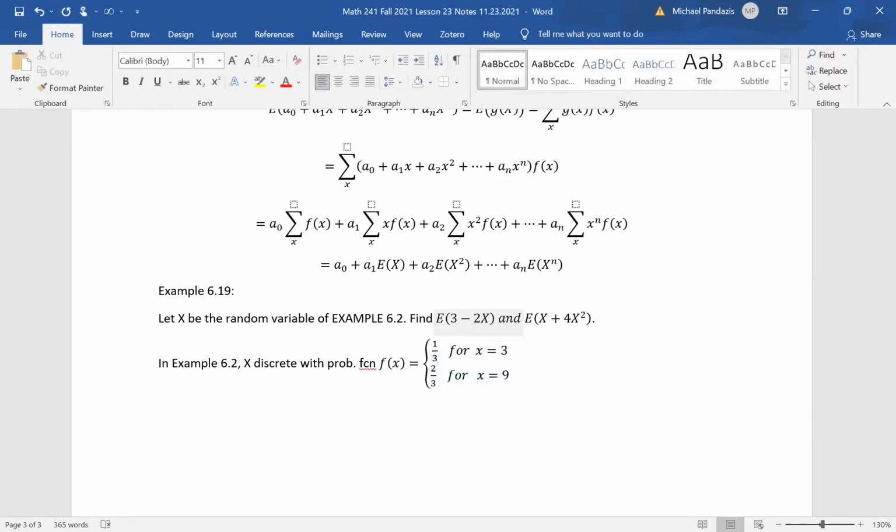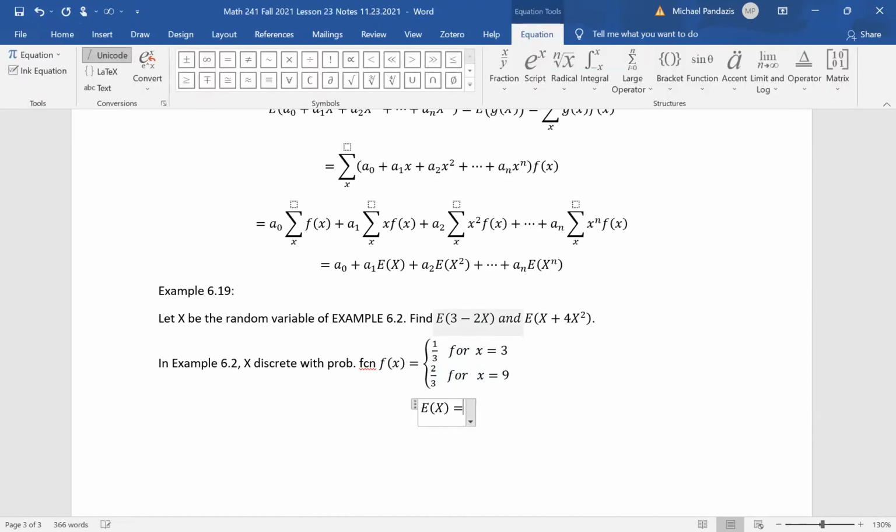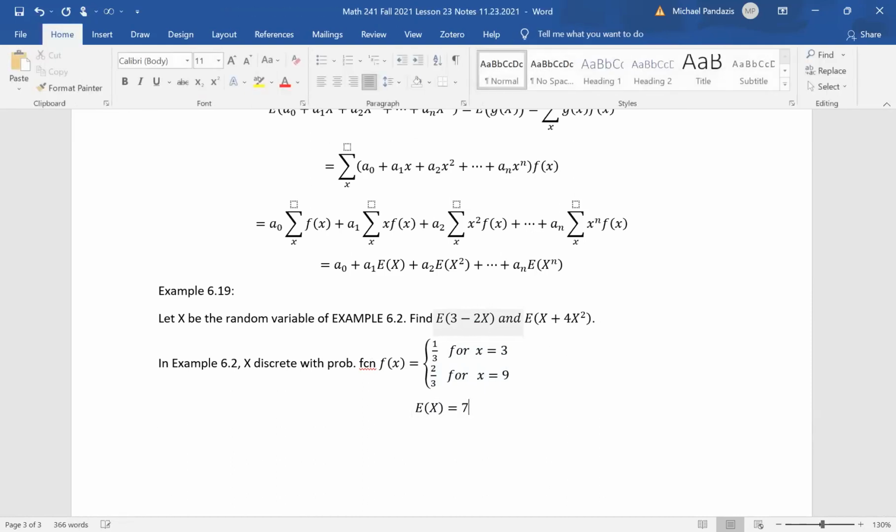Okay, so now we found that the expected value of X is equal to 7.